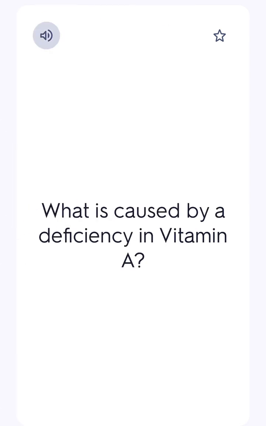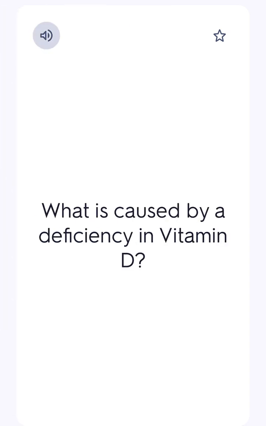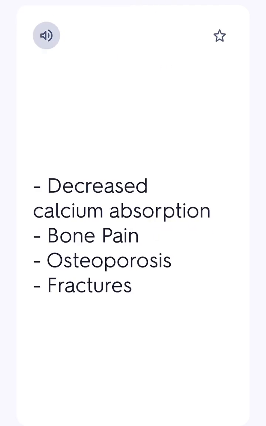What is caused by deficiency in vitamin A? Night blindness. What is caused by deficiency in vitamin D? Decreased calcium absorption, bone pain, osteoporosis, fractures.